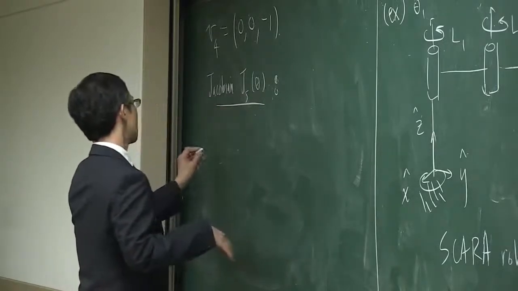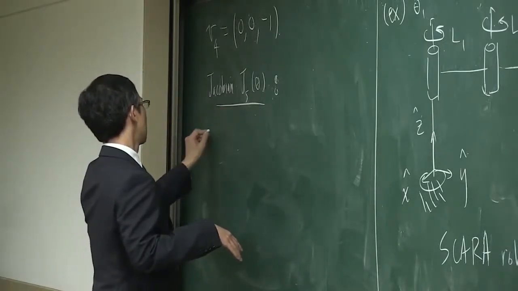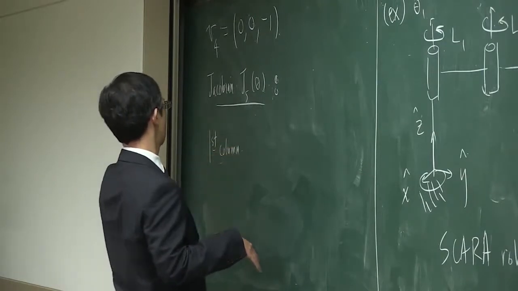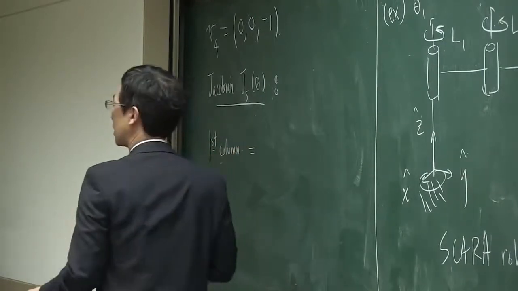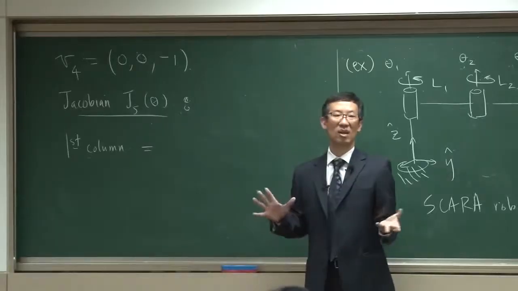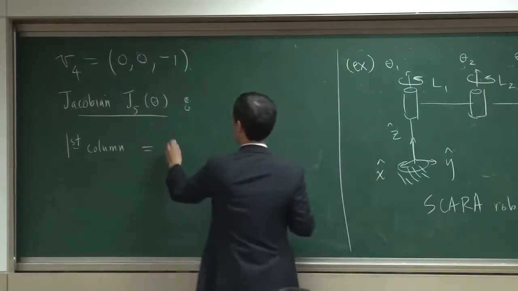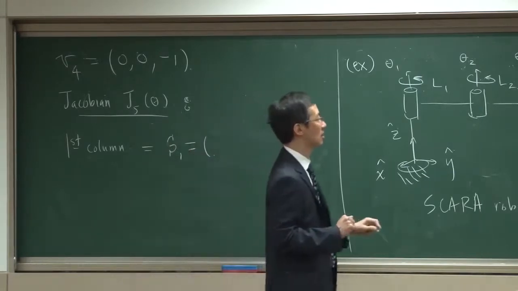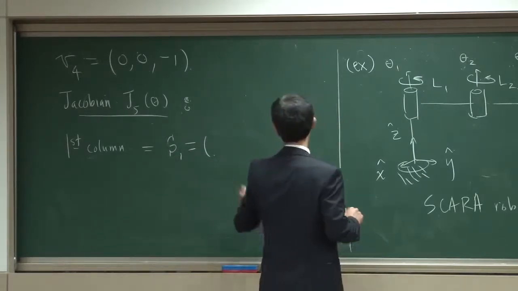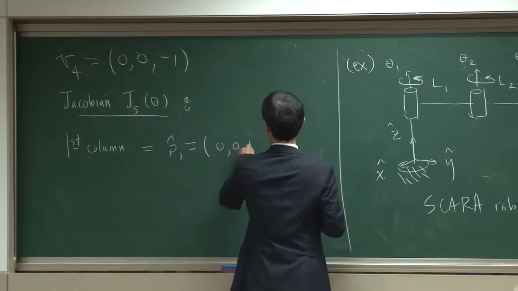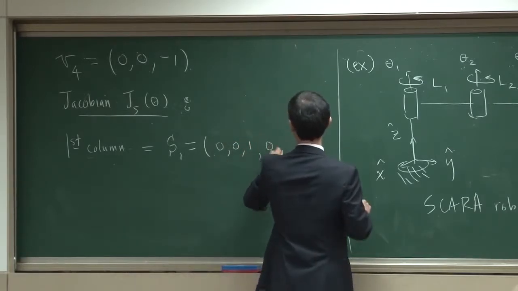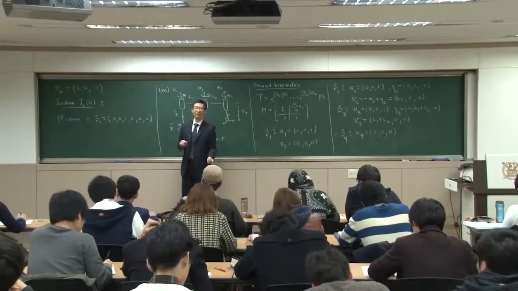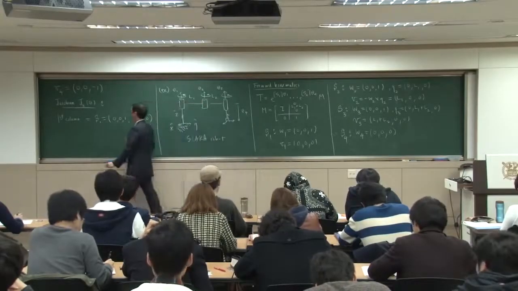So first column is what? S1. S1 was 0, 0, 1. That's the omega. And then V is 0, 0, 0. Okay, second column.